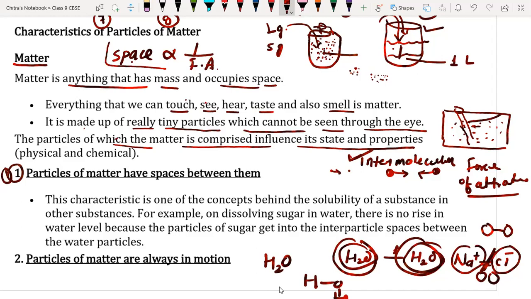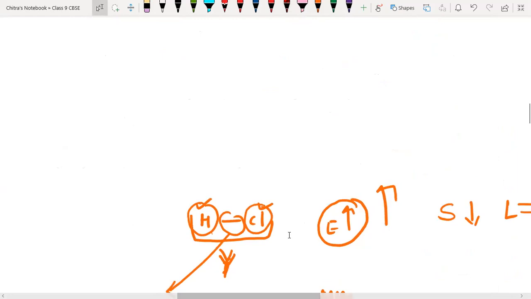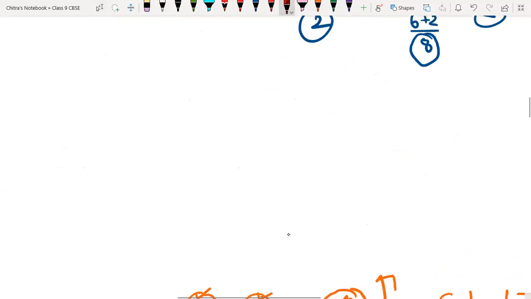So let me move the screen aside. Suppose here we have sodium, and we know sodium is present in the solid state, and chlorine.